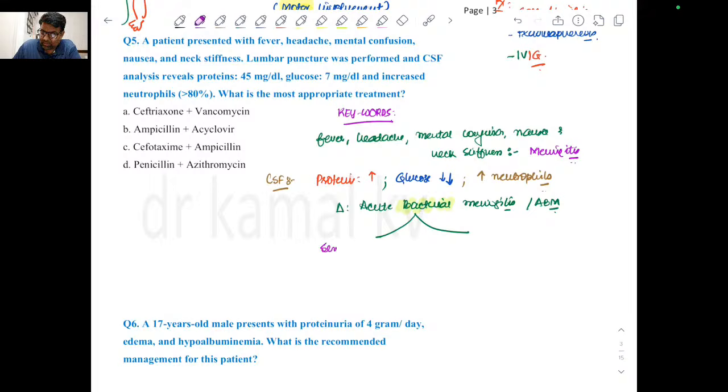So one is Streptococcus pneumoniae or pneumococcus, and the second is Neisseria meningitidis. Clear? So these are the two important bacteria, and to control them the best choice is going with ceftriaxone and vancomycin.